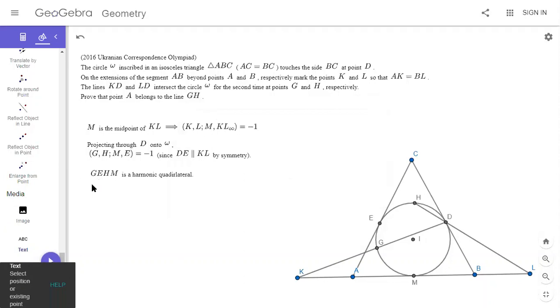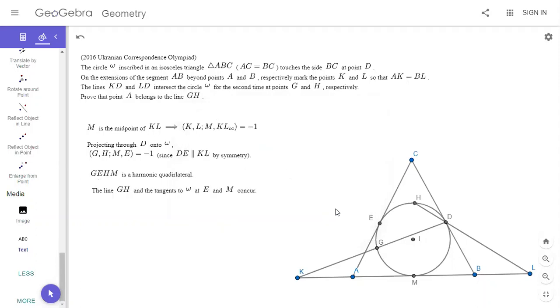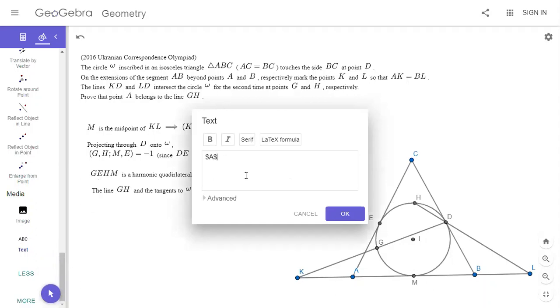So I'll write it like this. Concur. So that means that GH passes through A, or A lies on GH.